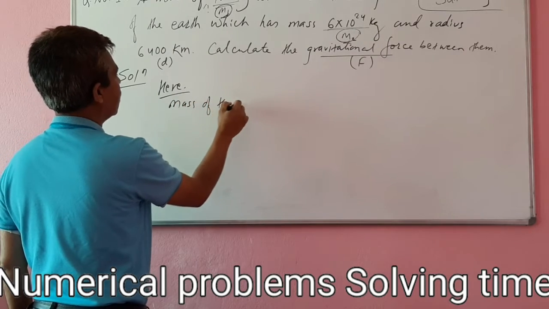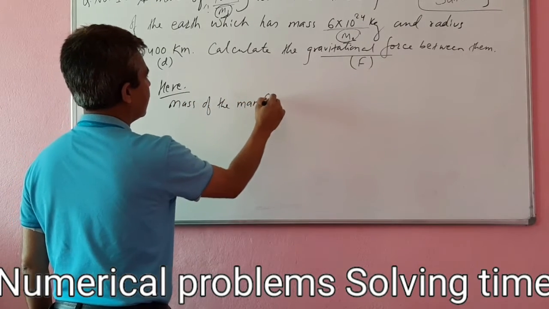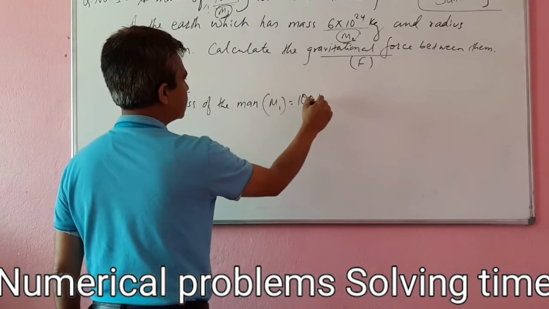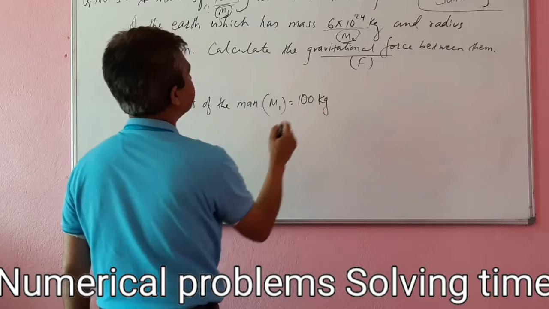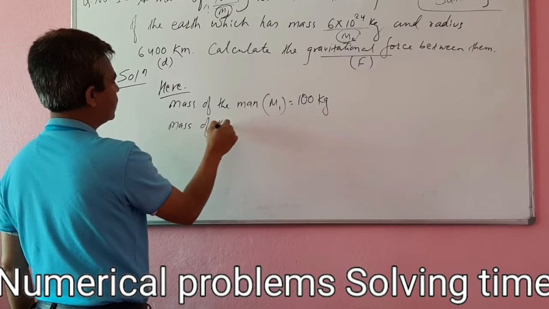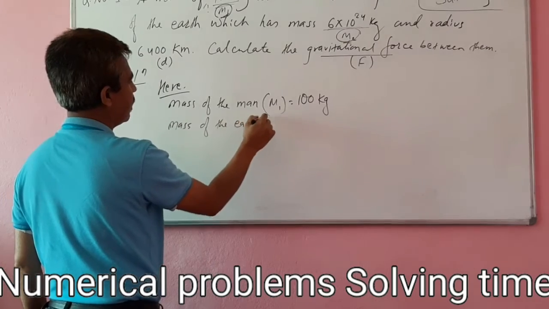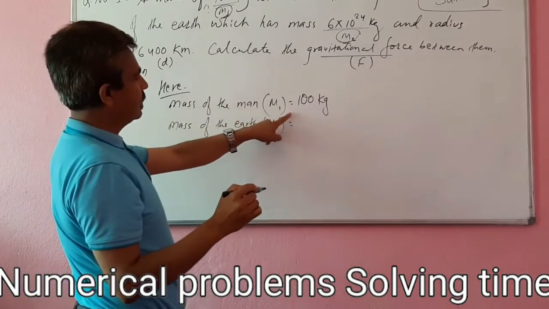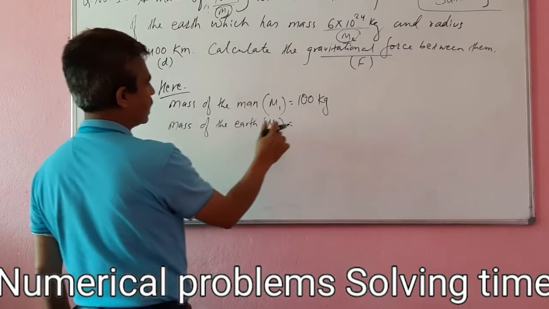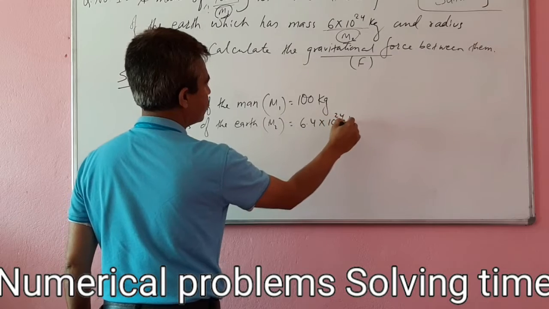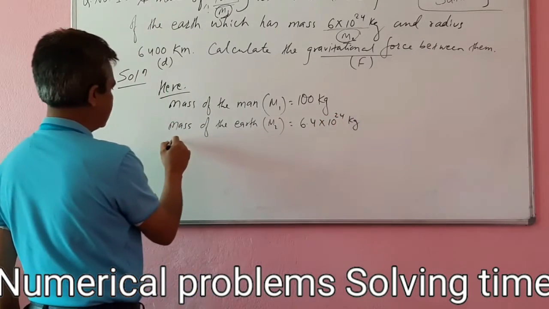Mass of the man, M1, is 100 kg. Mass of the earth, M2, is 6.4 times 10 to the power 24 kg.